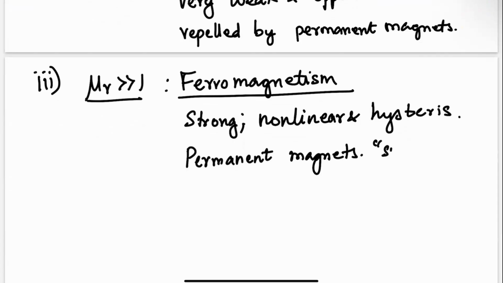Maybe I'll just write down that these subdomains. There's also ferroelectricity. It's the same idea where you have an electric dipole moment embedded already in the medium, in the crystal structure or in the atomic structure.